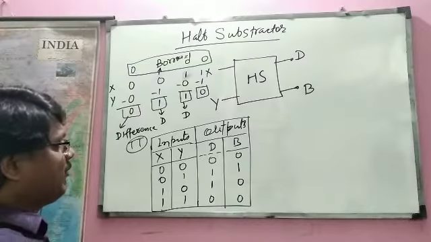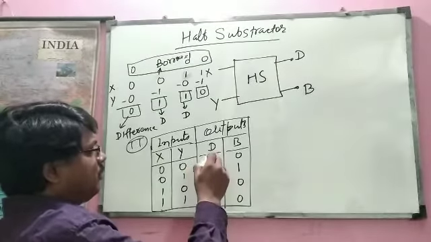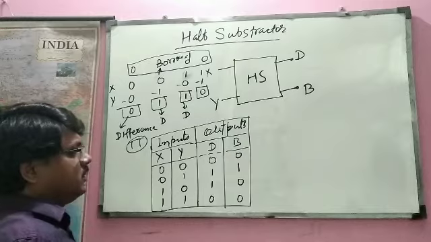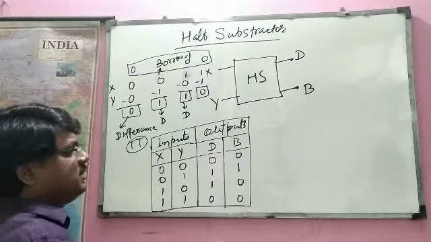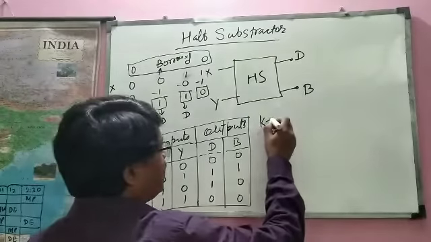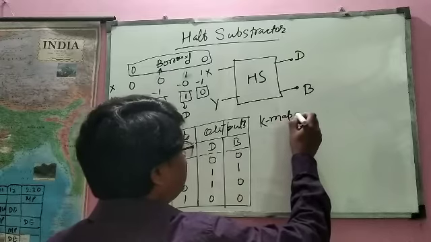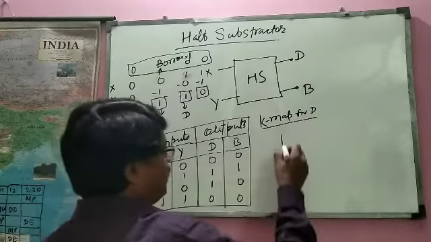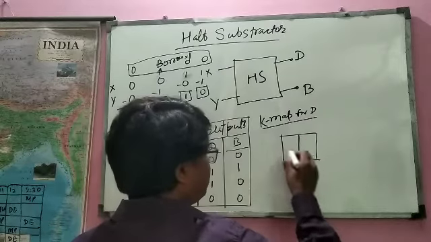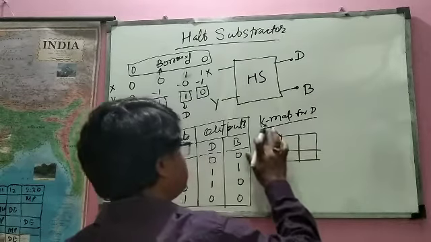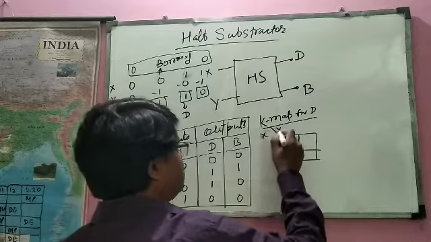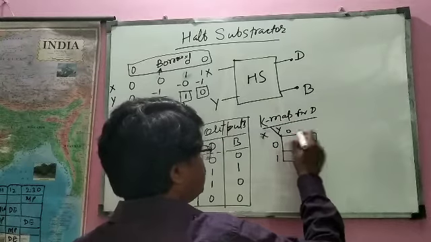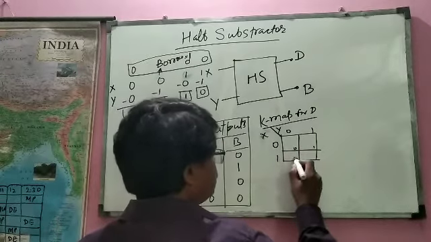Now we want to get the expression for the difference. So we will make the K map for D. There are two variables, one is X and another one is Y. The cells are numbered 0 1 2 3.